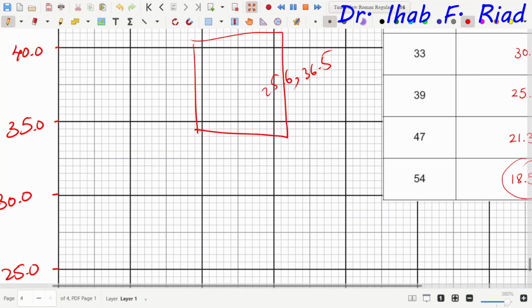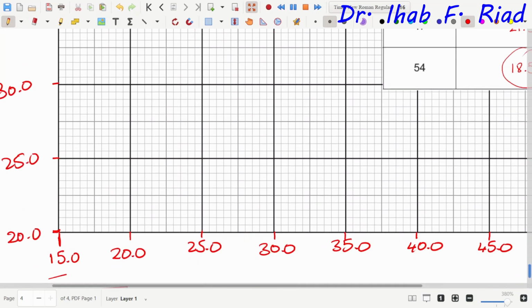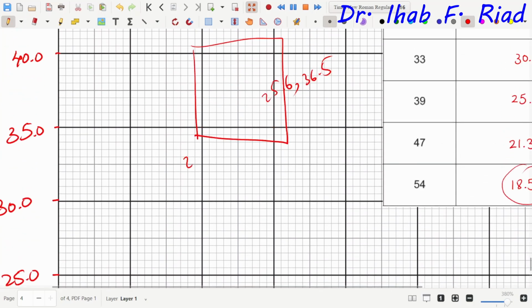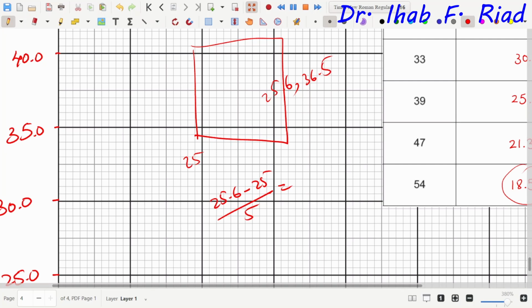This is 25. Okay. And this is 35. So let us start counting. We have 25.6 minus 25 divide 5. We are going to get 3 squares, I think.